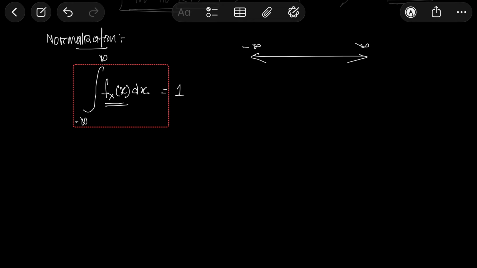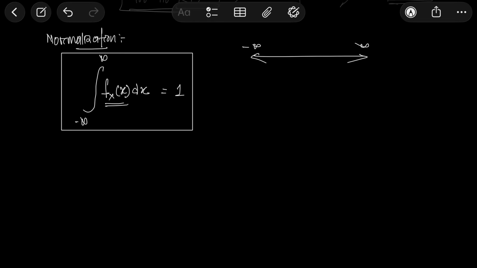This value must be 1. The normalization property says this must be 1. Okay, this is the normalization property. This is taking up the whole.